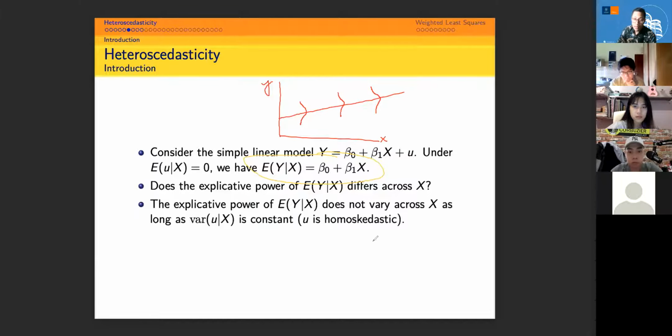Now consider the second scenario. You have x on the horizontal axis and y on the vertical axis, and say you have a particular regression line. For small values of x, just as a supposition, the variance is relatively large.